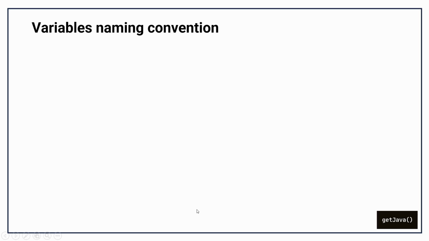Similarly in the real world as well, we follow certain rules while naming people. For example, there are certain words which have certain meanings. You cannot name a person table, book, chair because they are already reserved and have certain meanings. So there are exceptions in the real world as well. Similarly in Java, there are certain rules which we have to follow.